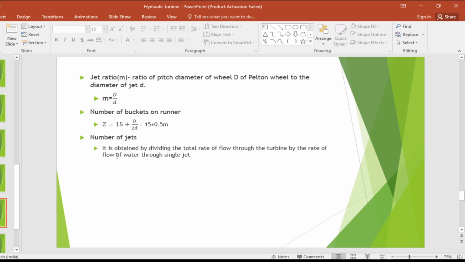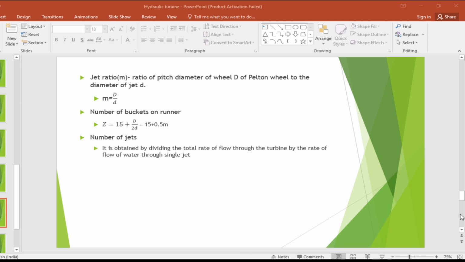It is very simple. You have to divide the total rate of flow through turbine by the rate of flow of water through single jet. These points you have to remember while calculating the different parameters for the Pelton turbine.